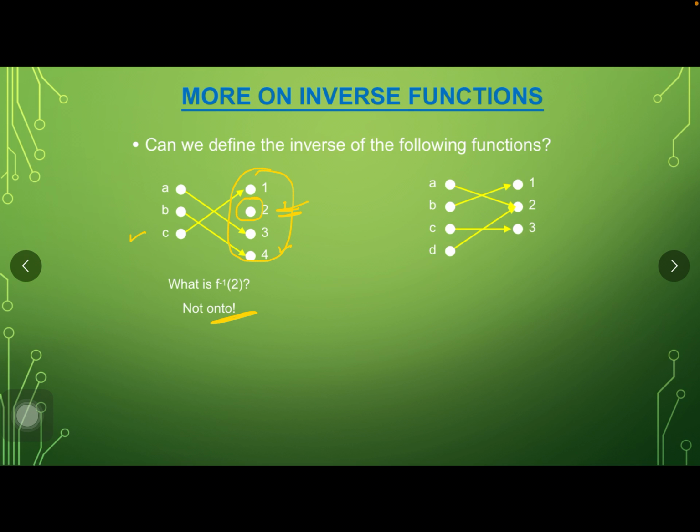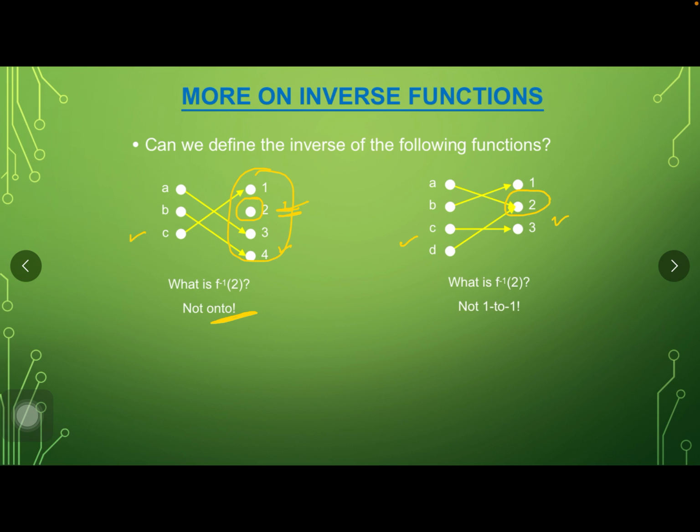So for any function to have an inverse, that function must be onto, right? This function is not onto, because one element does not have a pre-image. Next, suppose our function is like that, with domain elements a, b, c, d and codomain elements 1, 2, 3. Is the inverse function possible here?